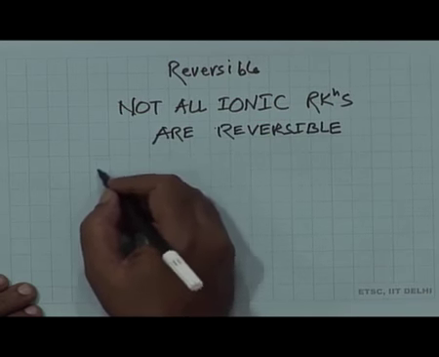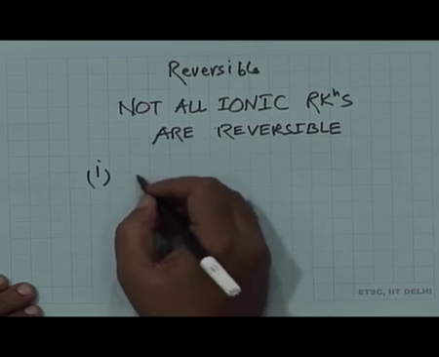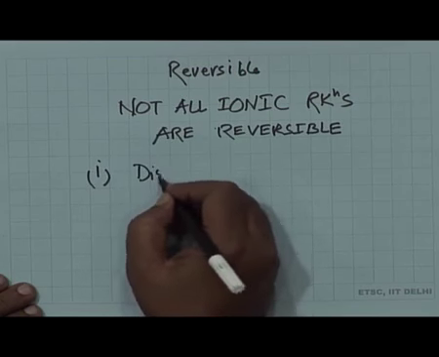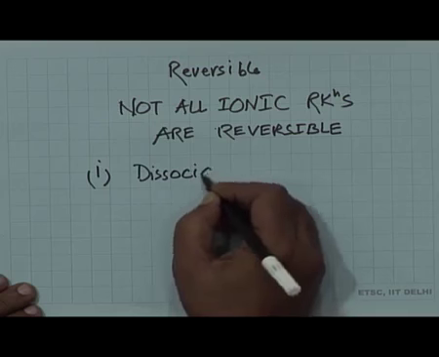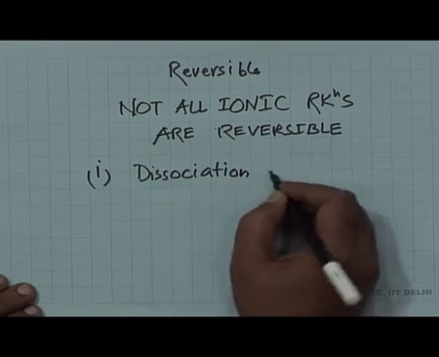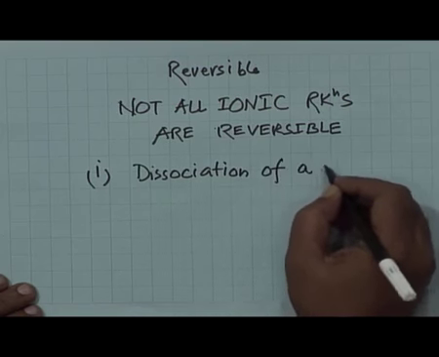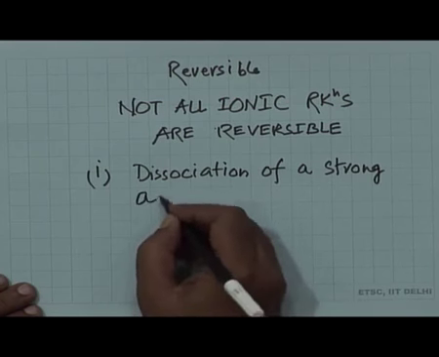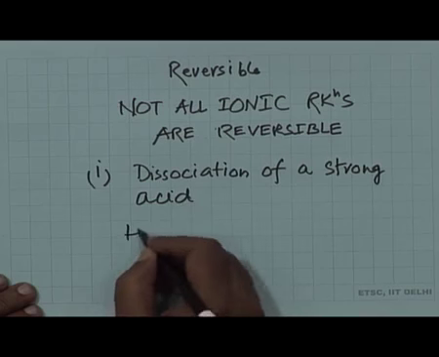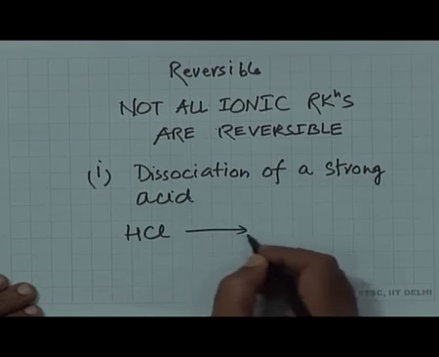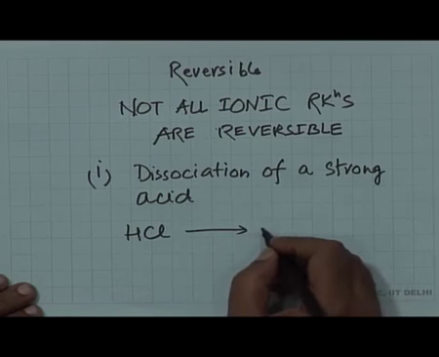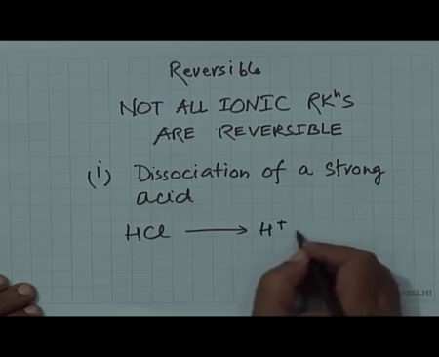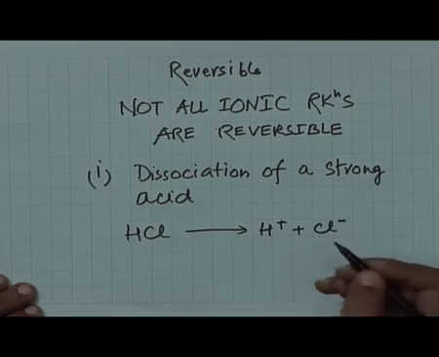For example, dissociation of a strong acid. For example, HCl. This completely dissociates. It means it is almost irreversible, to give you H plus ion and Cl minus ion.